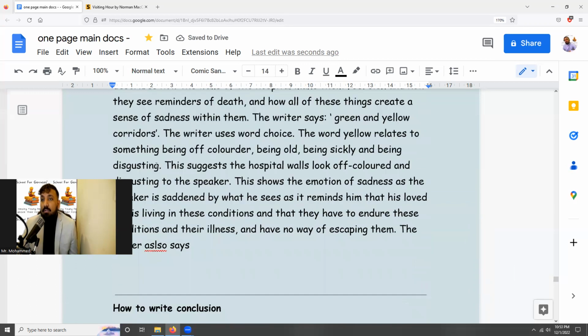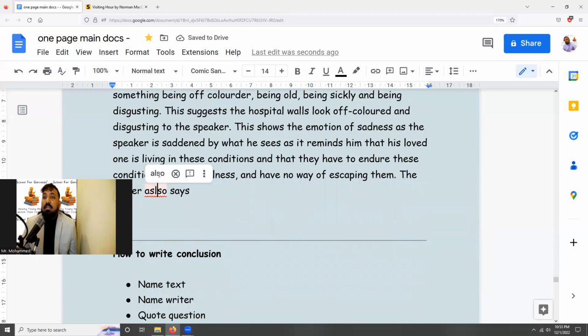So I'm going to the next step now, which is the writer also says, and again, real simple, put the quote in, what seems a corpse, because there's more to the sentence. What seems a corpse, and in fact, I'll just put a full stop here.